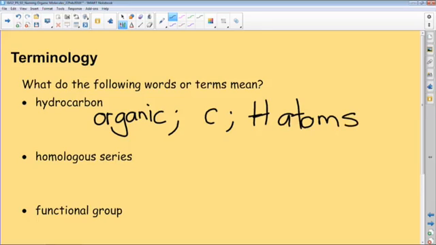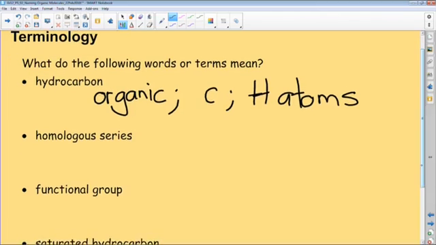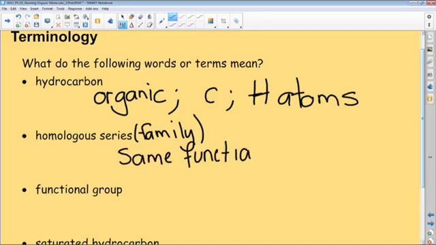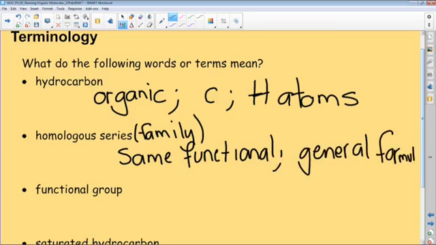A homologous series, and I hate these words, I can't pronounce them on a good day, is a family. I like to describe it as a family of compounds, and what we mean by that is that they are a group of organic compounds that have the same functional group, same general formula, as well as they only change from each other by a CH2 molecule.